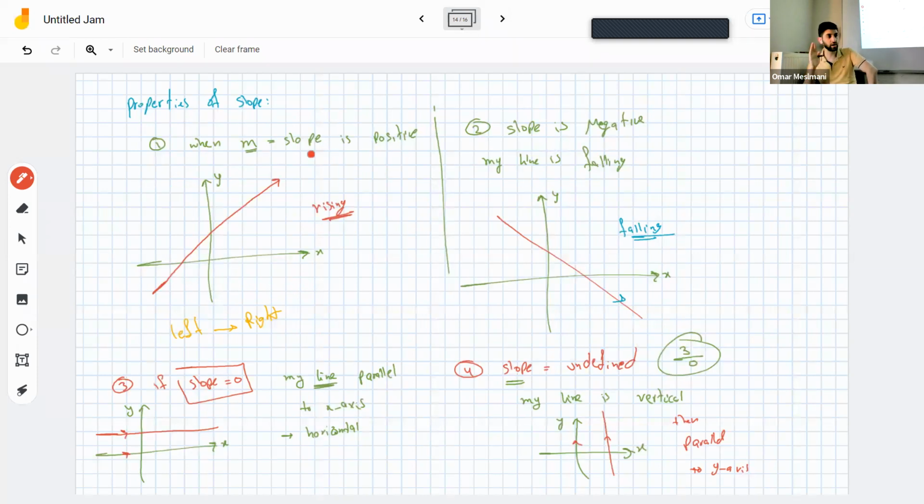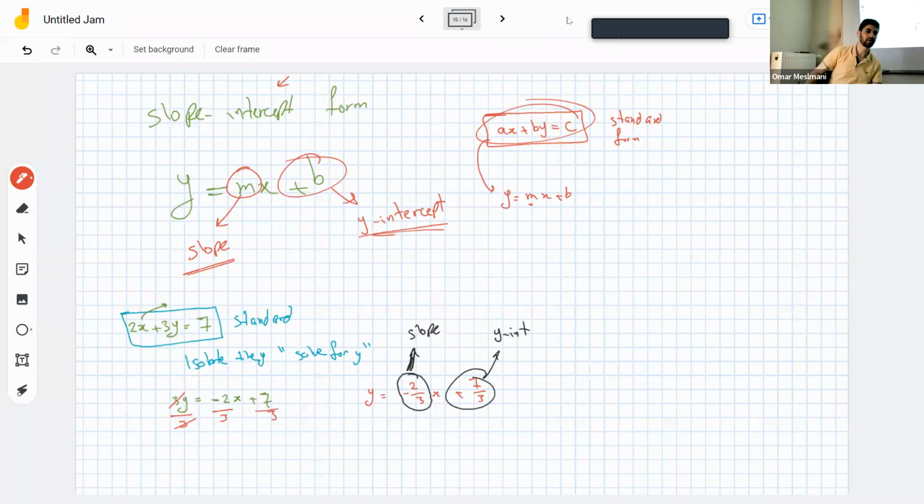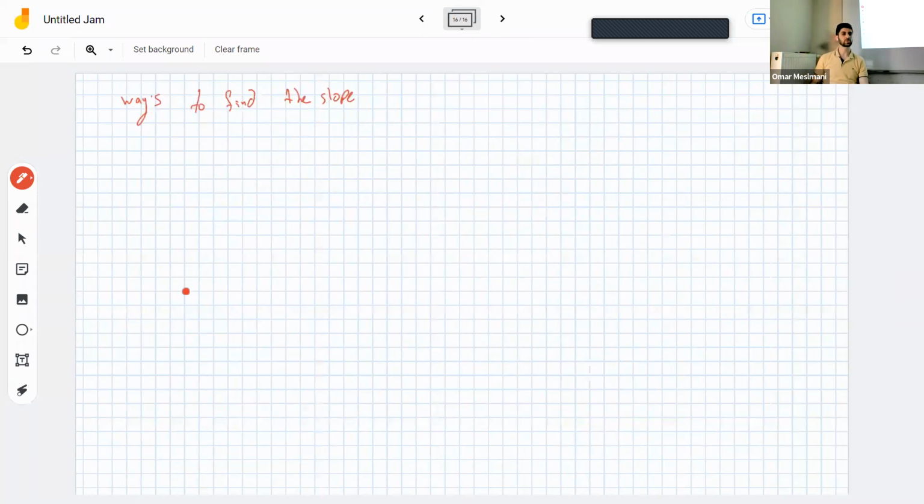If it's positive, it's going up. If it's negative, it's going down. If it's 0, I have a line parallel to the x-axis. If it's undefined, I have a line parallel to the y-axis. What is the slope-intercept form? It's y equals mx plus b. And then I will talk about the ways to find the slope. All right, how will you find the slope?